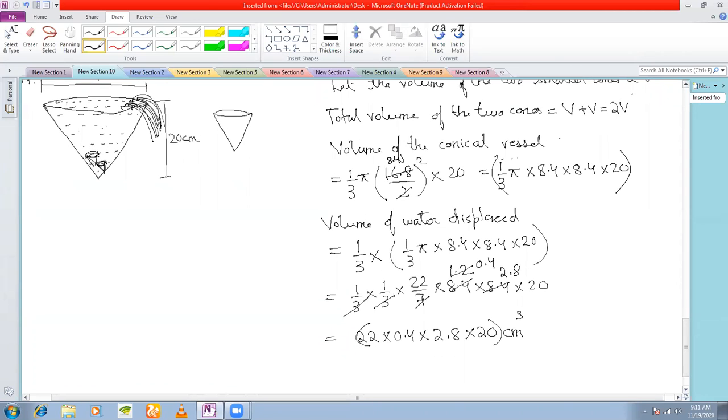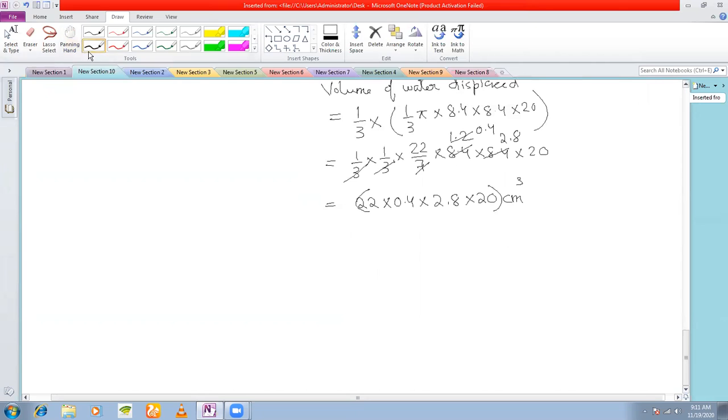Now, volume of water displaced must be equal to the volume of the two cones. In fact, let's say the total volume of the two cones must be equal to the volume of displaced water.